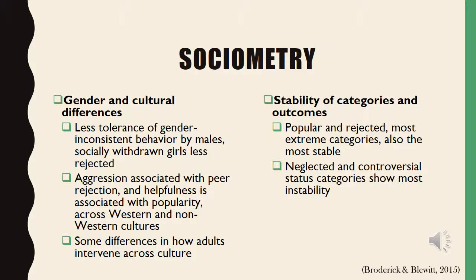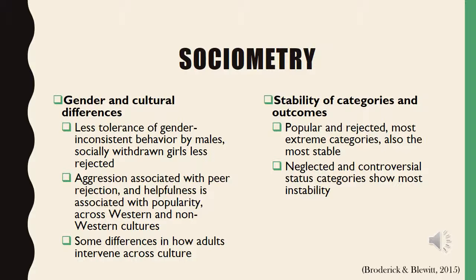All right, just a couple final notes on sociometry. So there are some gender and cultural differences within the way peers are labeling one another. And so there's less tolerance of gender inconsistent behavior by males.